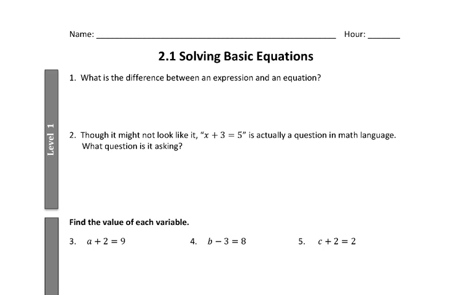Let's go on to question 2. Question 2 says, though it might not look like it, x plus 3 equals 5 is actually a question in math language. What is it asking? So I'm basically asking you to phrase this in words. Write it out like a complete question in words instead of in math language.